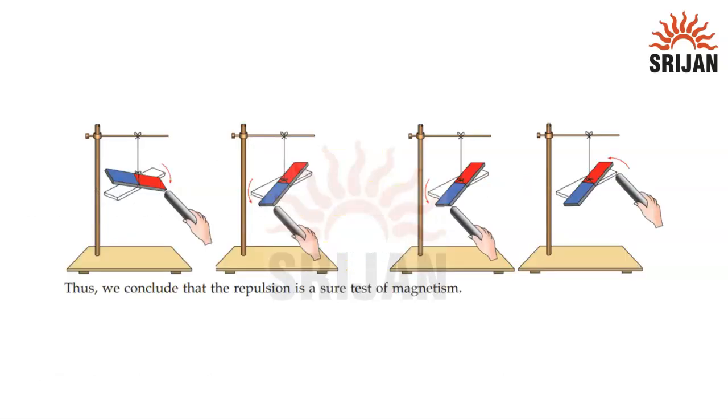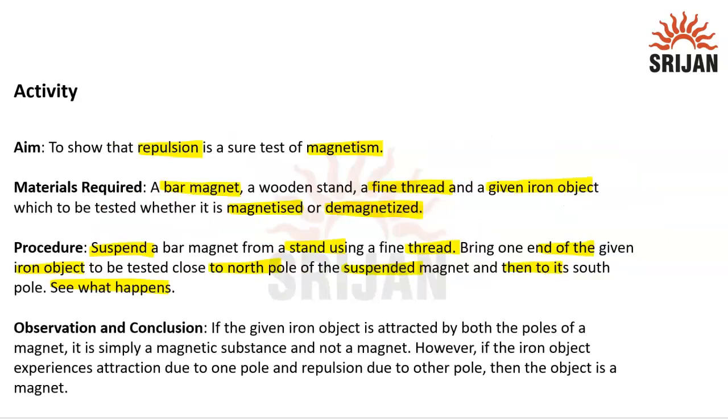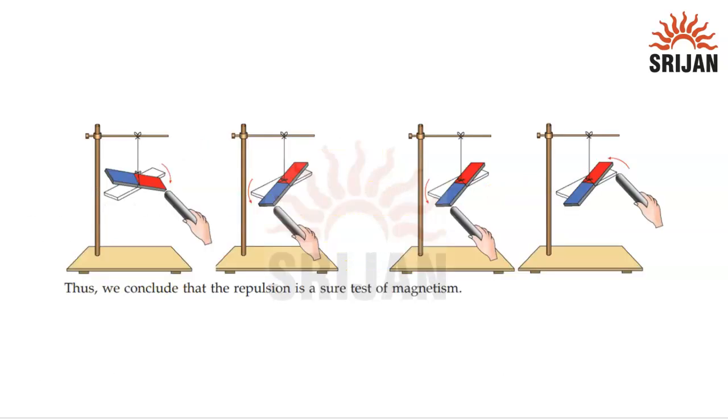Let us have a look at the setup. So this is the object which we need to test. Now we are bringing it first towards the north pole, and then again towards the south pole. Suppose this is my north pole and this is my south pole.